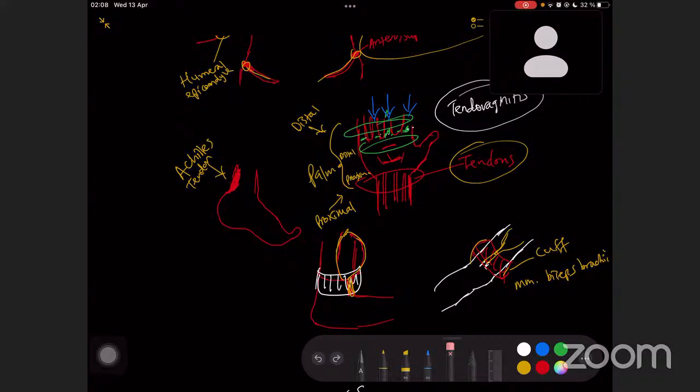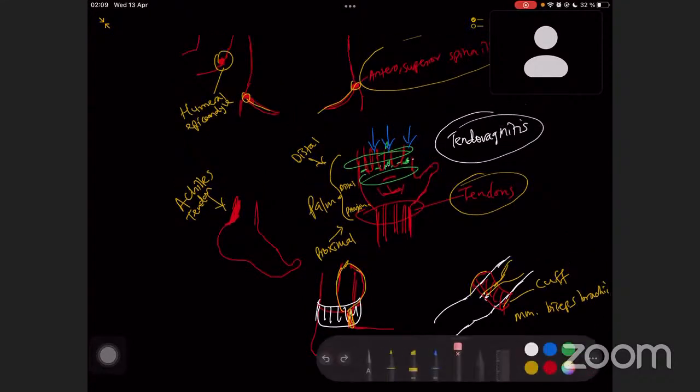And so the surgeon needs to know exactly where these tendons are, in order to make the right surgical incision when there is an inflammatory process, either caused by an infection, right? When you have a purulent or suppurative inflammatory process of the synovial sheath, also known as tendovaginitis.